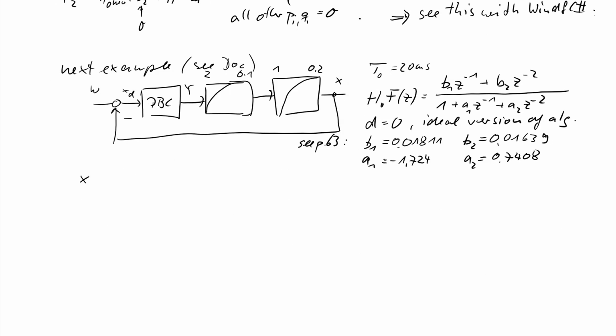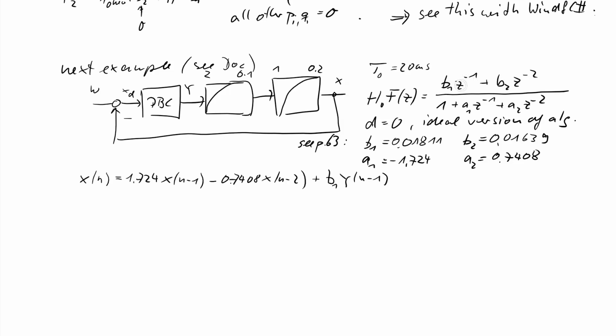The output x, the response of my controller, xn, can be written as 1.724 xn minus 1 minus 0.7408 times xn minus 2 plus b1 times y, the input one step before.